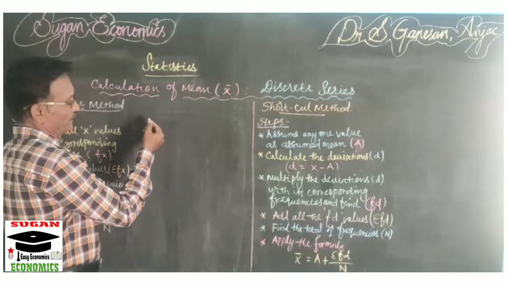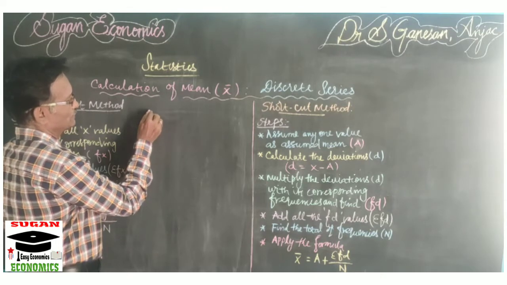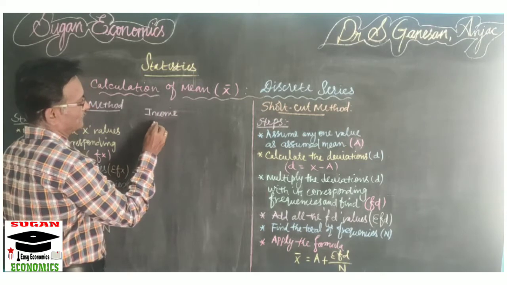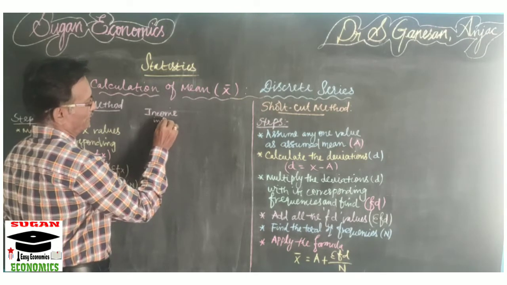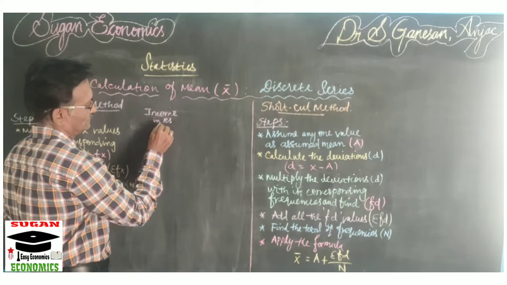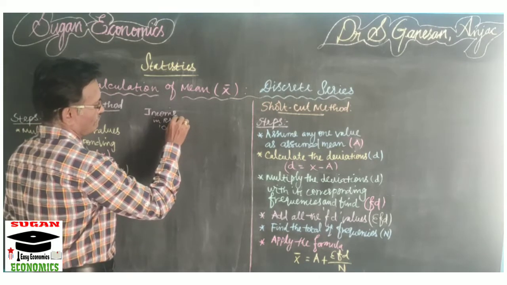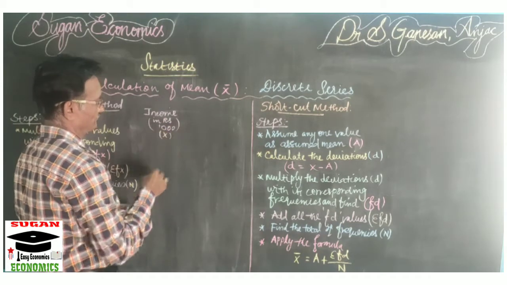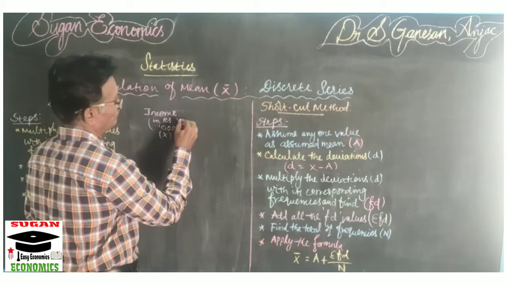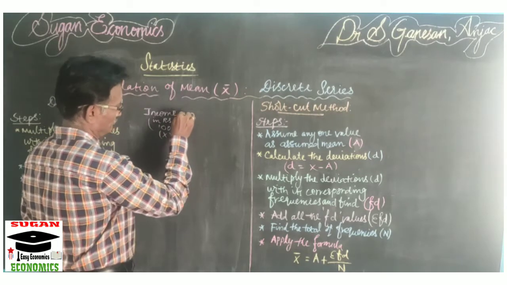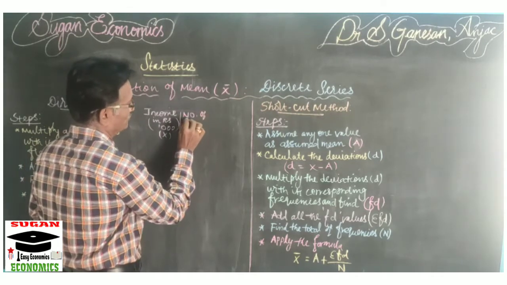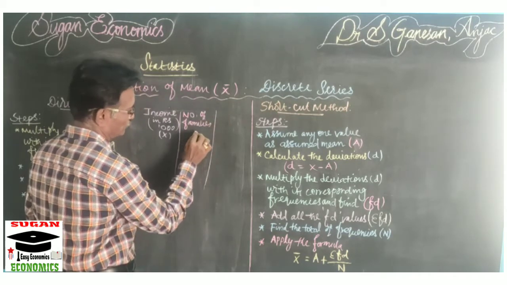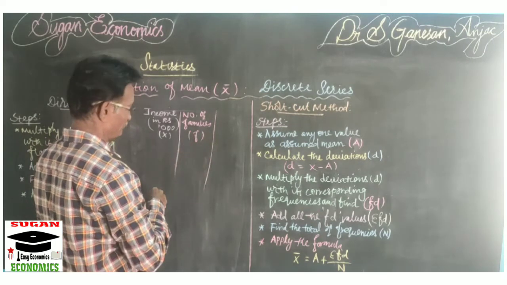Here you take income and number of families. Income in rupees, in thousands, should be taken as x, and number of families should be taken as f.